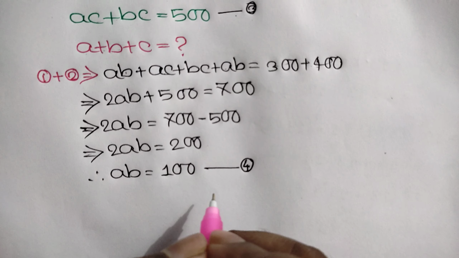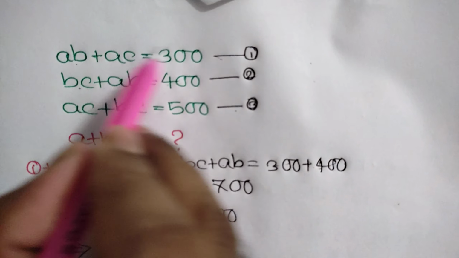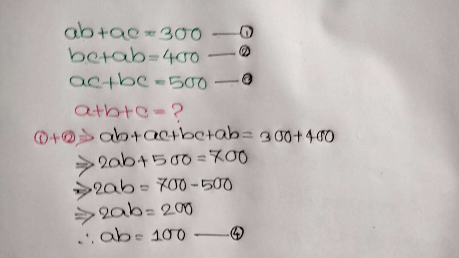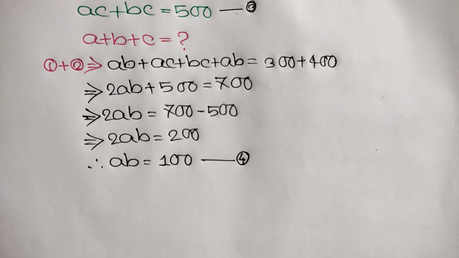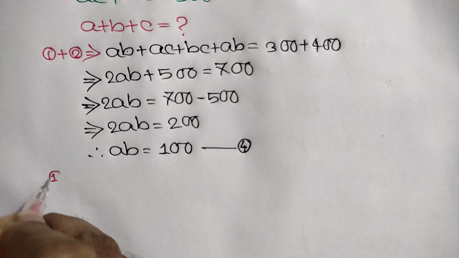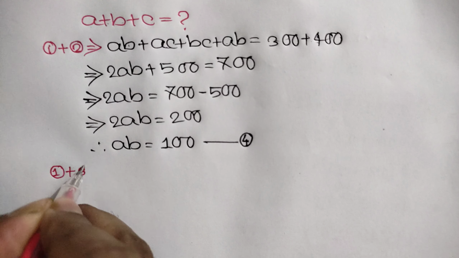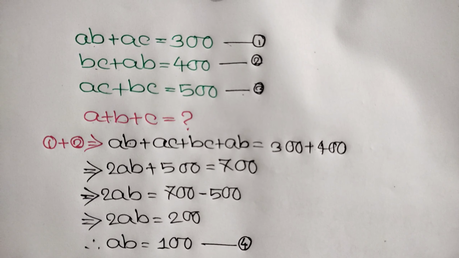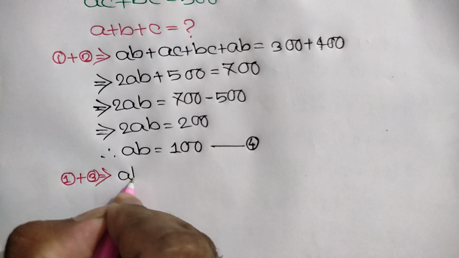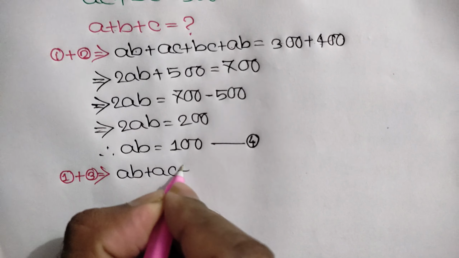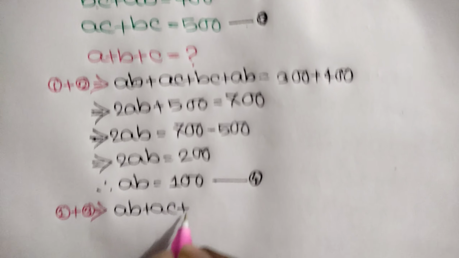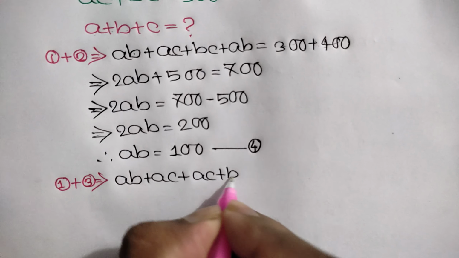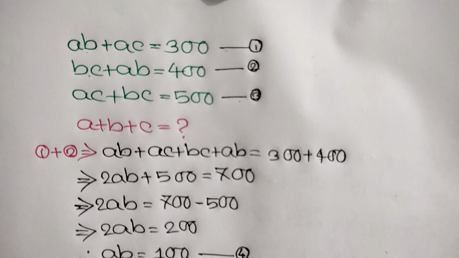Now again adding equation 1 and equation 3. We can write here AB plus AC, plus AC plus BC, is equal to 300 plus 500.